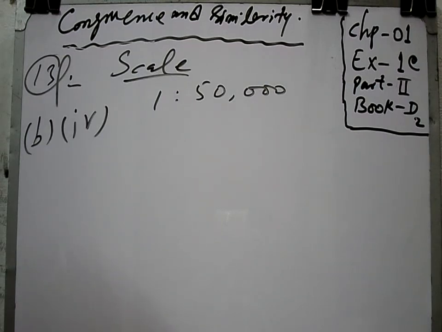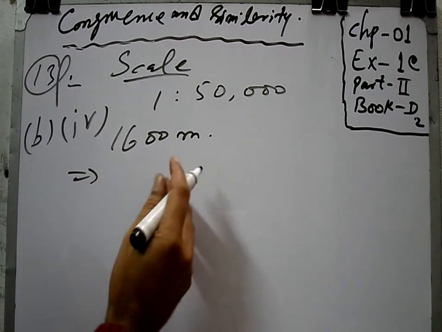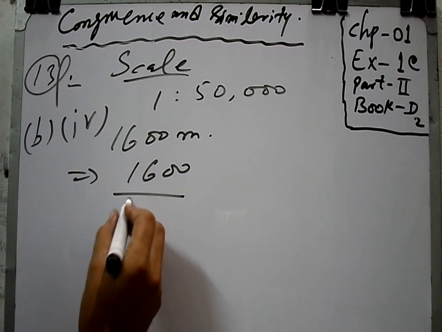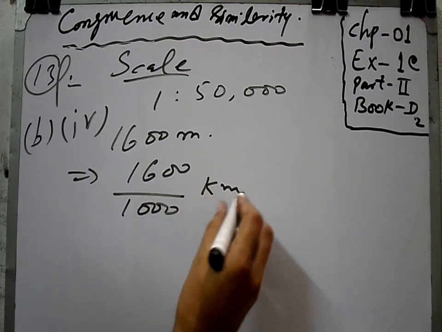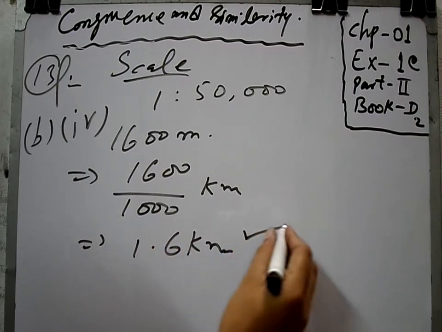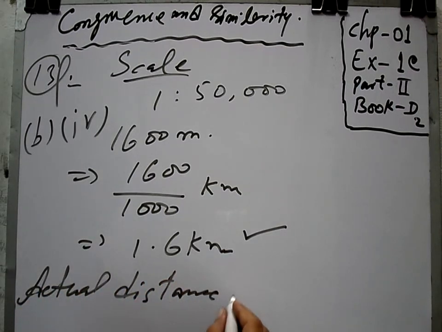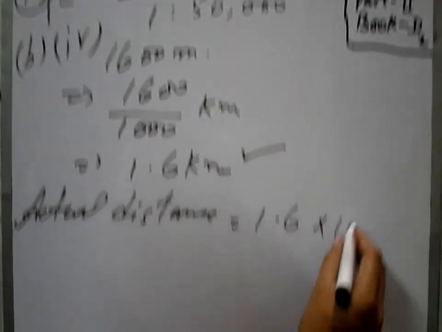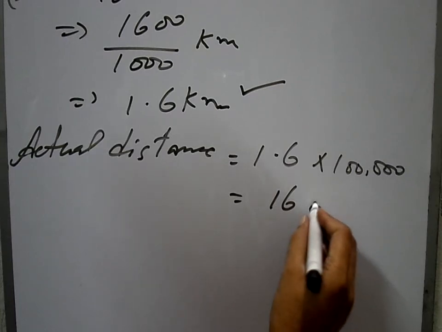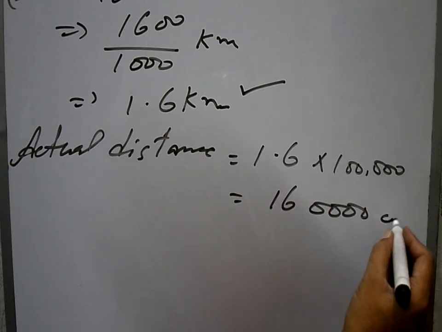So the fourth part is given to us, that is 1600 meters. Convert into kilometers: dividing by a thousand, it gives you 1.6 kilometers. So the actual distance is 1.6 kilometers multiplied by 100,000, so you will get 16 centimeters.